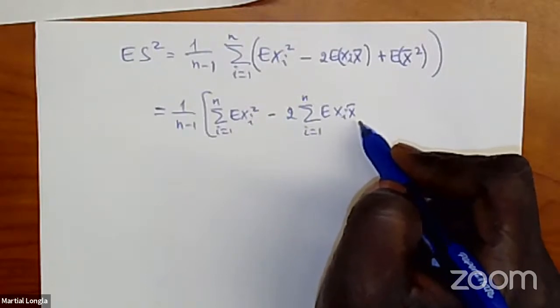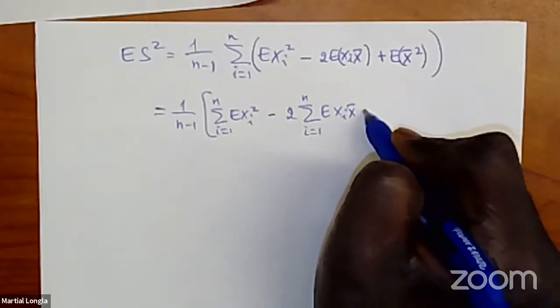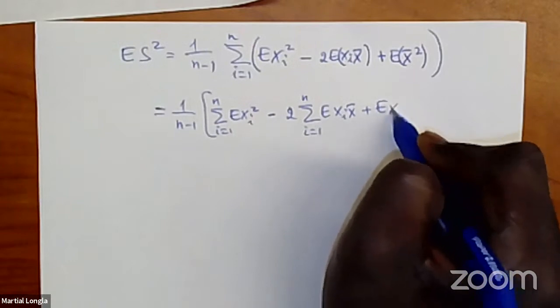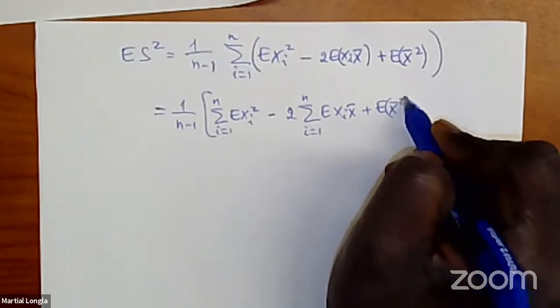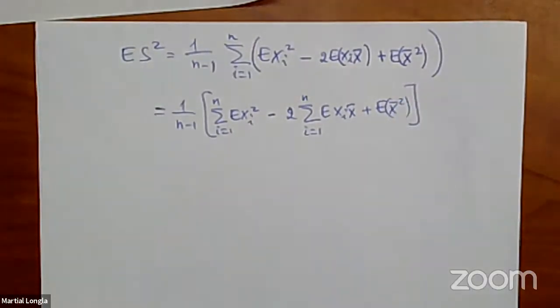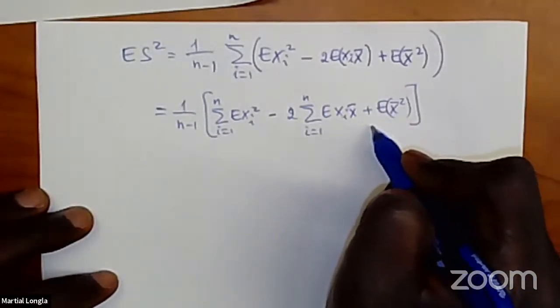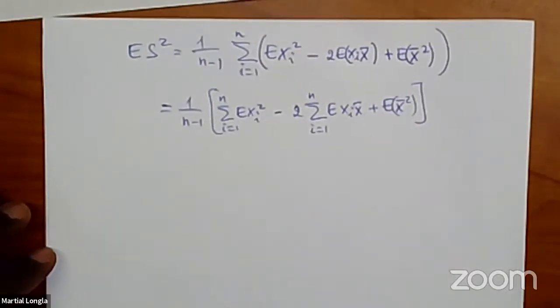Do you see something funny that I can see? What's the expected value of x bar squared? We did this, that's okay, that's fine. There's something funny there that you can see, something that will make this simpler. Why don't you have the sum at the last?